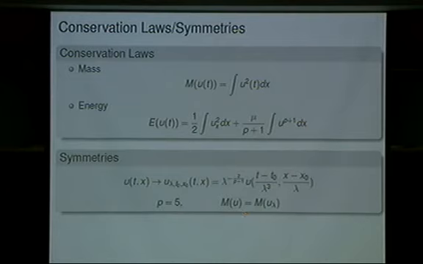That's why we refer to the p equals 5 case as mass critical. And when p is 2, 3 or 4, it is referred to as mass subcritical. Because this is one dimension, however large p is, there is no energy critical case.